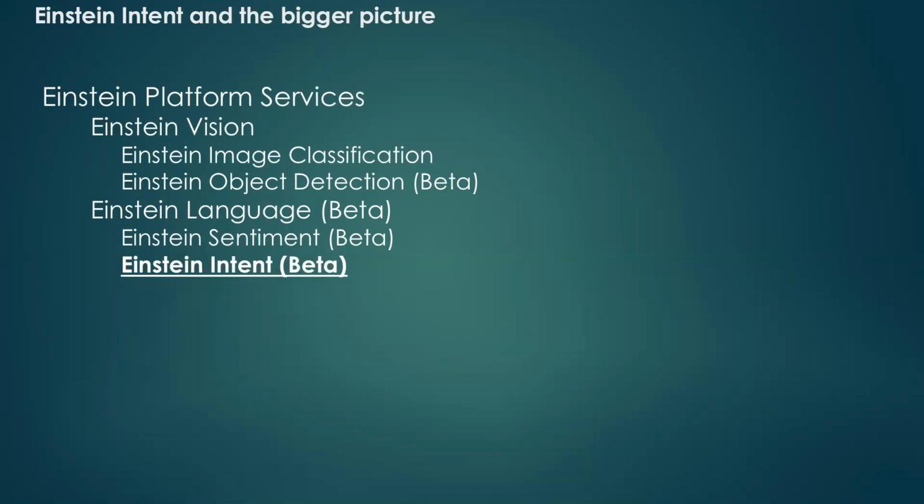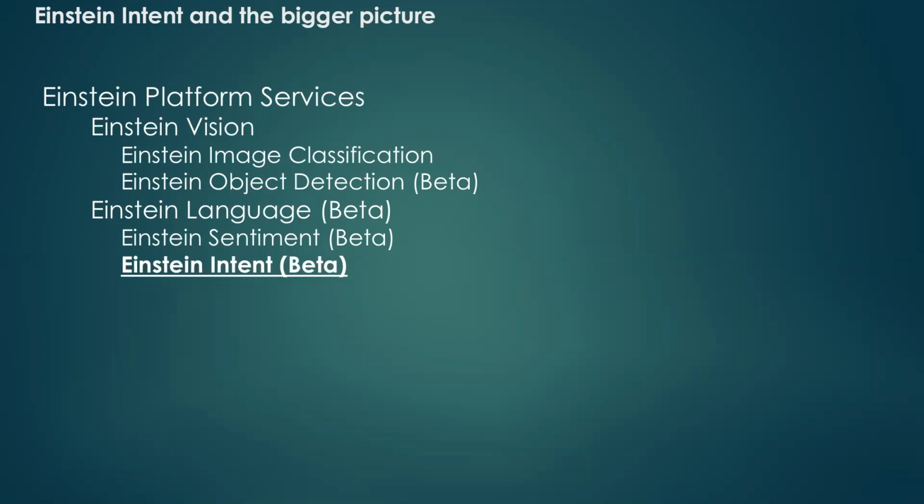That lets you do image classification and object detection. Won't be talking about those today, but some of the same concepts apply there. And then under Einstein Language, there's Einstein Sentiment and Einstein Intent. And I think Einstein Intent is a lot more exciting to me than Einstein Sentiment, because you could basically build sentiment with intent. Intent is like a custom classifier that lets you do anything you want. So that's the one I'm going to be focusing on today.